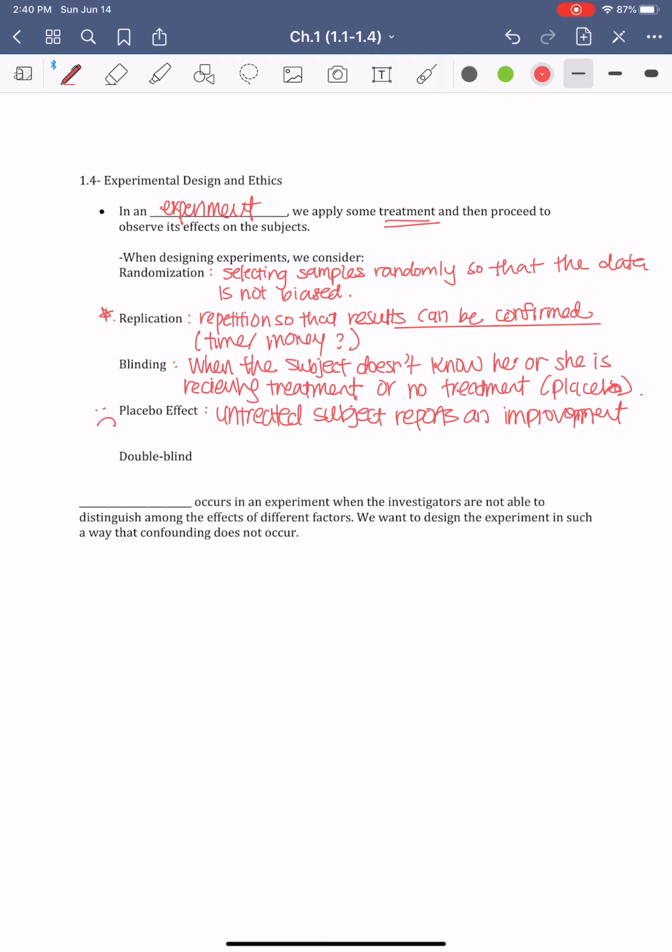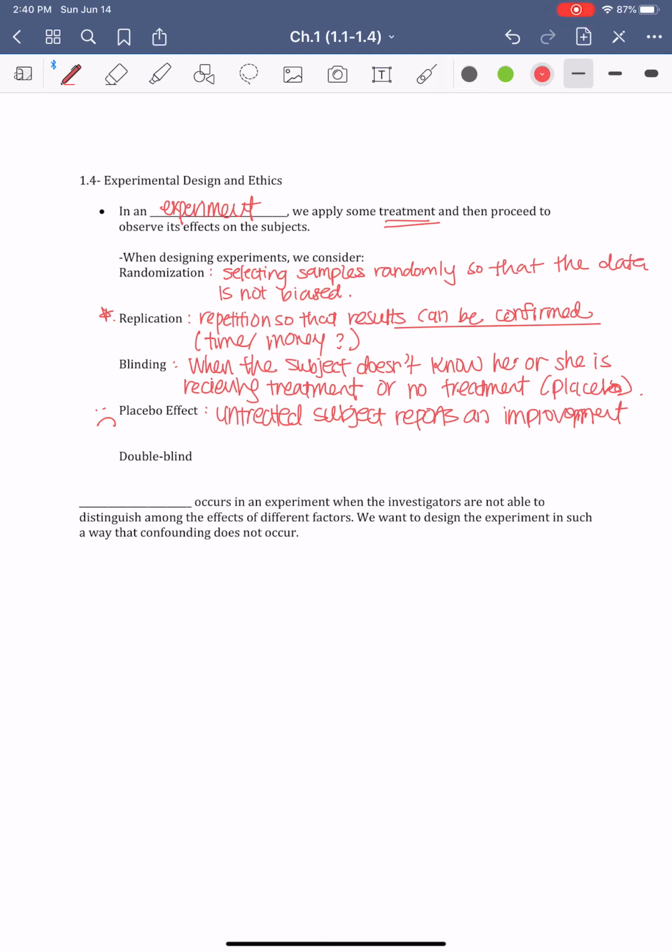So let's say, again, going back to that weight loss pill, you're in a placebo group. So you're not given a pill, you're having a fake pill. You take it for a month and then that person actually loses 10 pounds. Maybe because, oh, I'm taking the pill, maybe I have to lose weight, so they are careful with diet and so on.